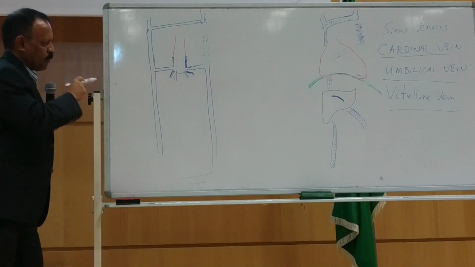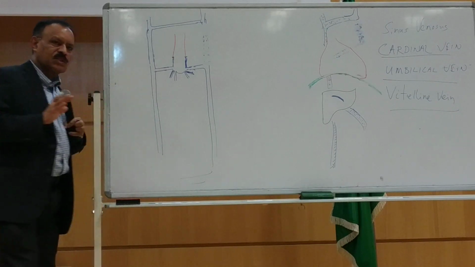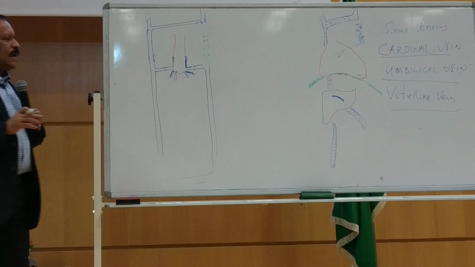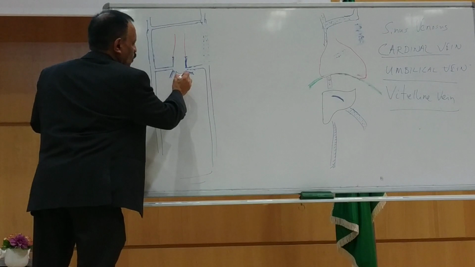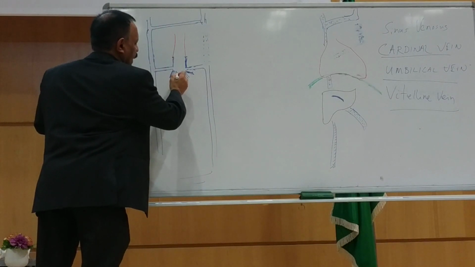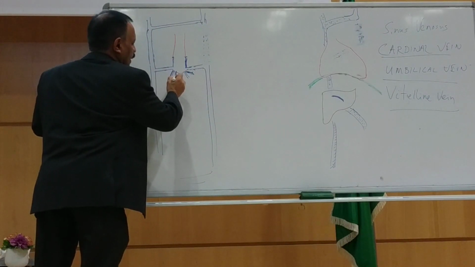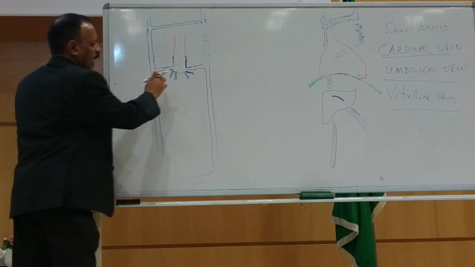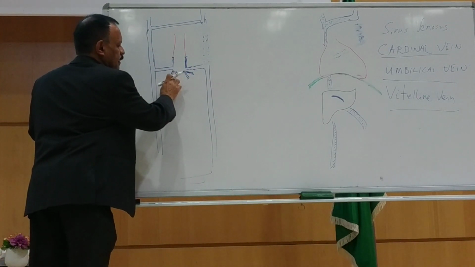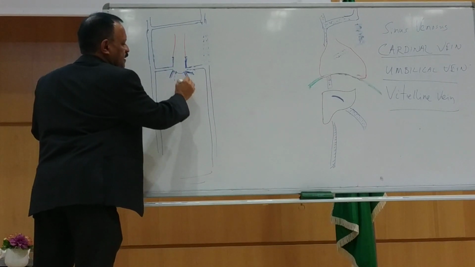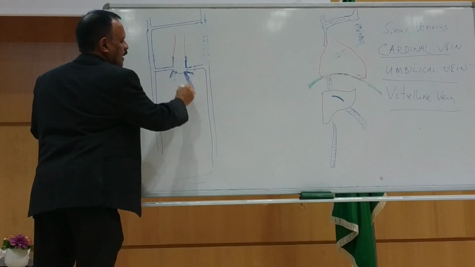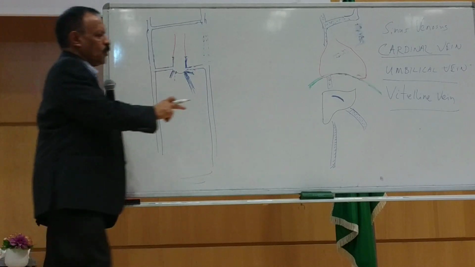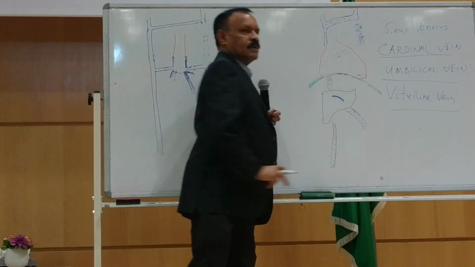Now, let's do this part. I'm telling the story of how things develop. If you look very carefully, this is the vitelline vein, the two vitelline veins. The right vitelline vein disappears, the left vitelline vein stays, and that is actually your portal vein. Look at the portal vein over here.